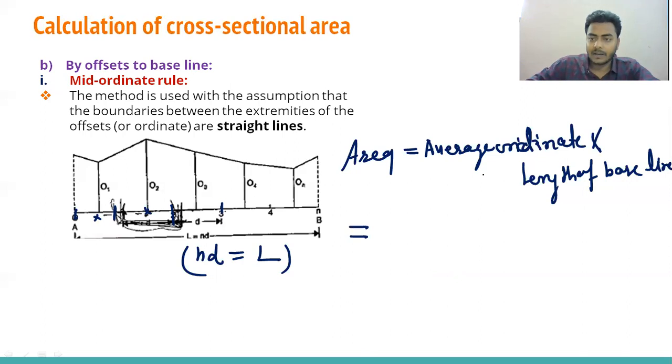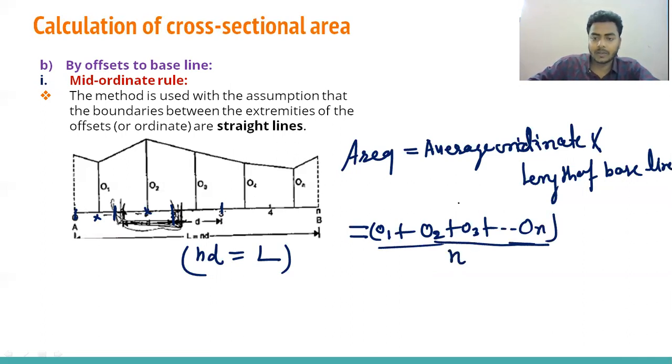So for the average ordinate, how many ordinates do we have? n. So take the average: O1, O2, O3, On, total number n, so we can divide by n. So that is the average ordinate into the length of base. So we can write L.